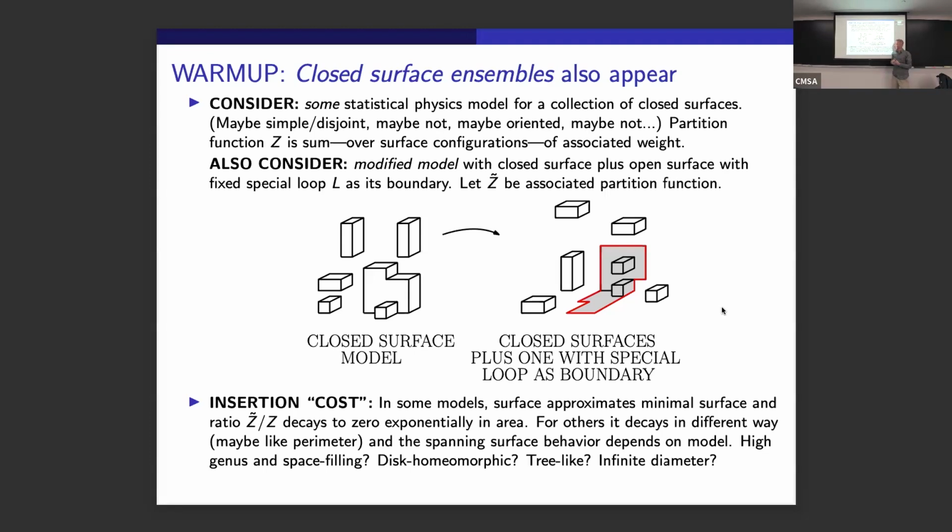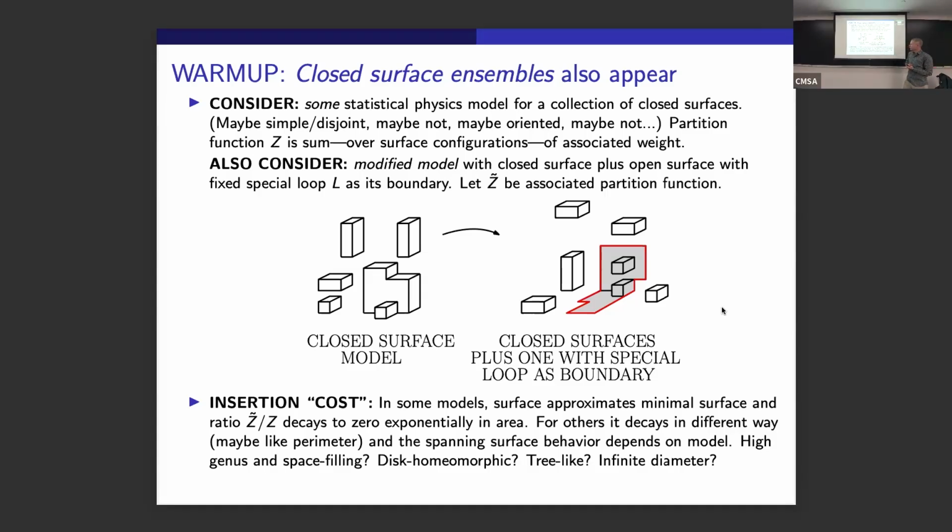So that's something you can imagine happening. But you can also imagine a story where it doesn't happen, or maybe the price is just exponential in the perimeter, the boundary length, or maybe it just decays polynomially in the diameter of this thing. You have some sort of different order of decay.